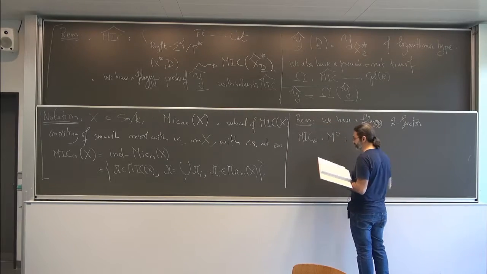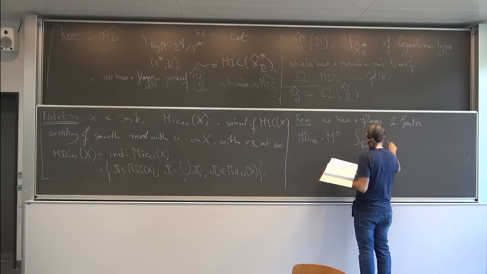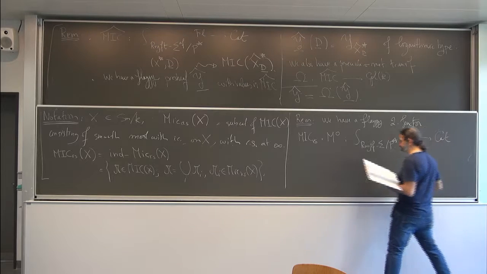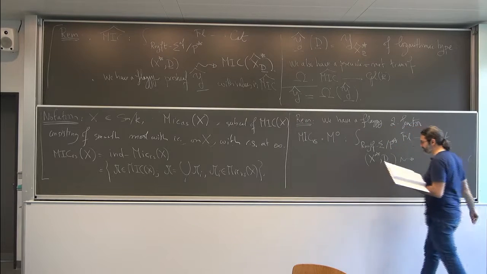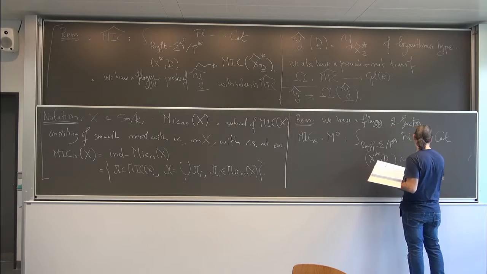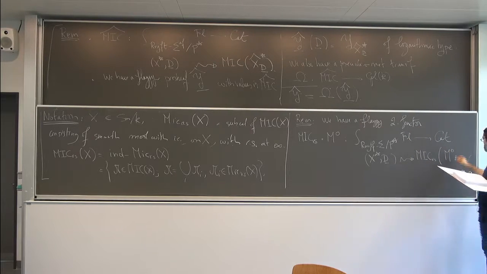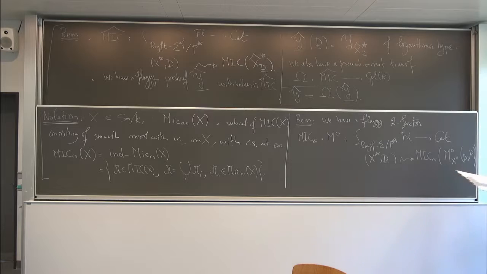It goes from flags and takes a pair like this and sends it to the category of modules with integrable connection, regular singular, over the open stratum M0 in X0 of the push forward of the flag D.